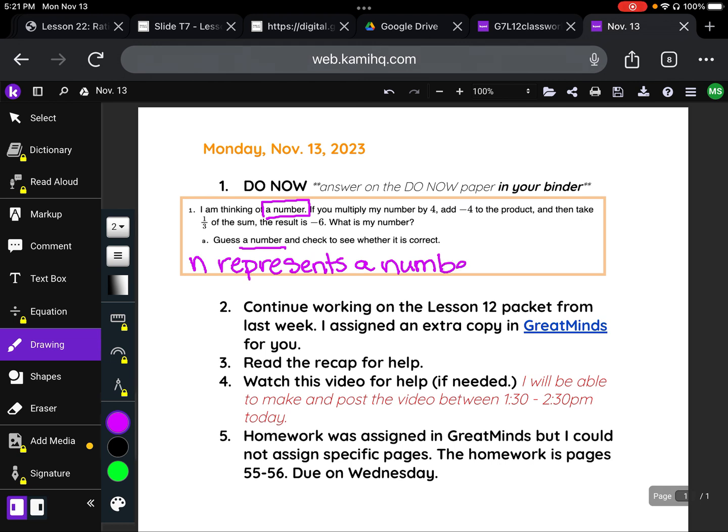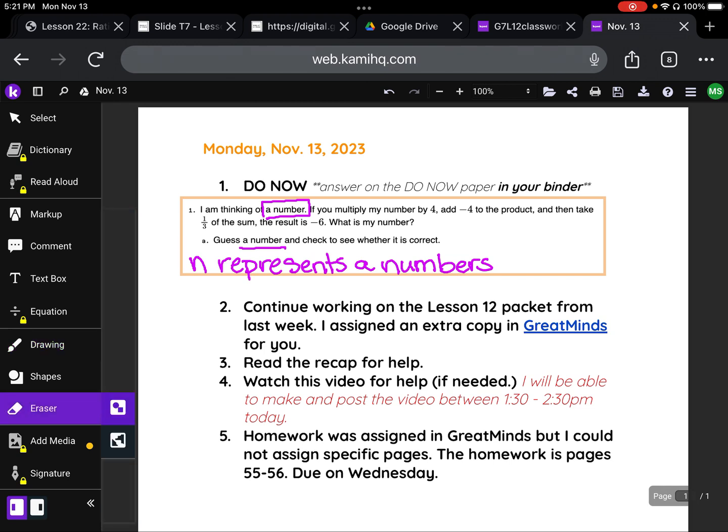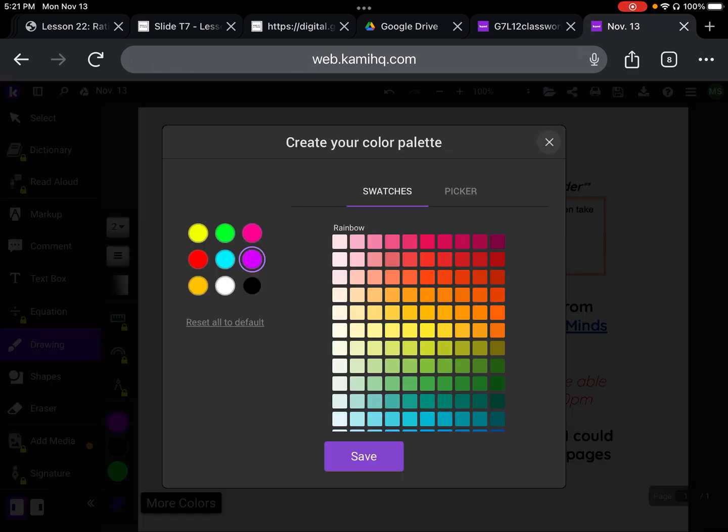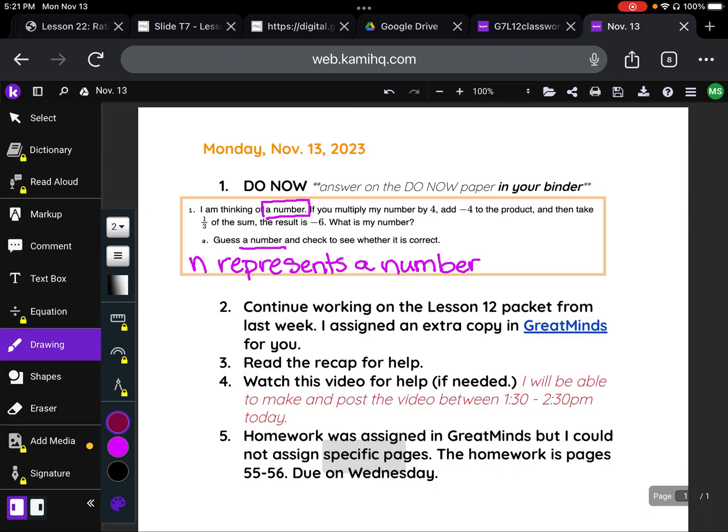Sometimes in word problems you're talking about monkeys or cupcakes or students, but in this case, we're talking about a number. A number, not numbers. That makes no sense. So N represents a number. Now let's go back to the words and see if we can figure out what words are matching up.